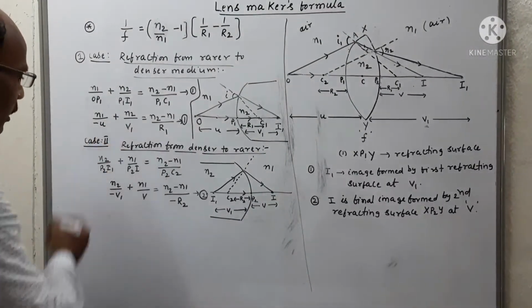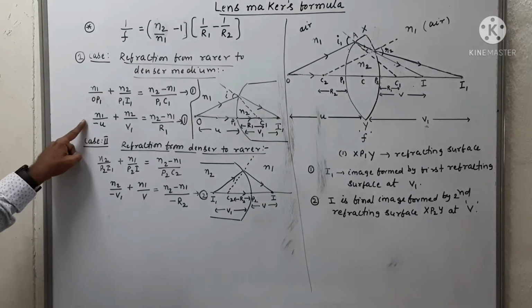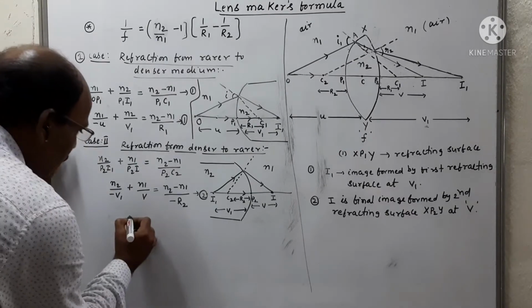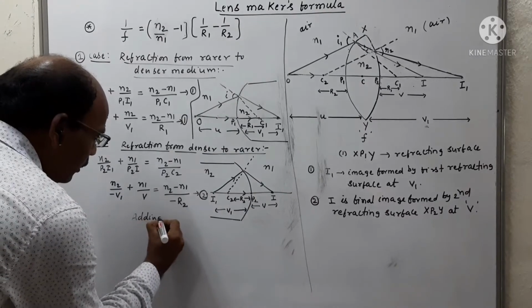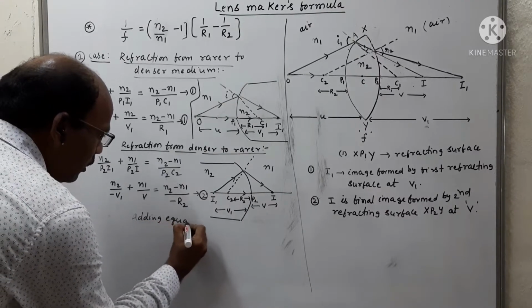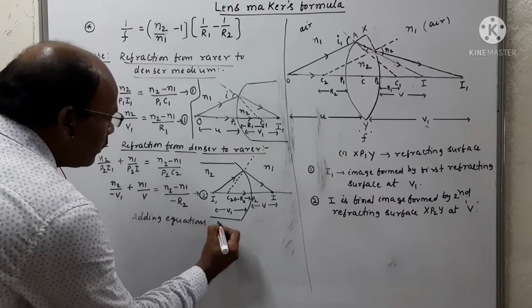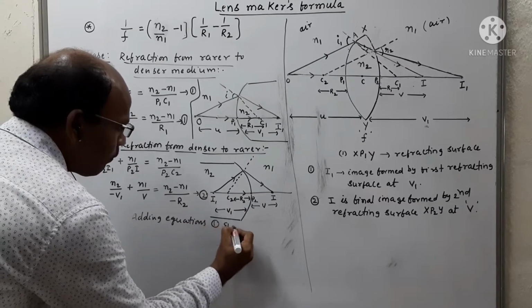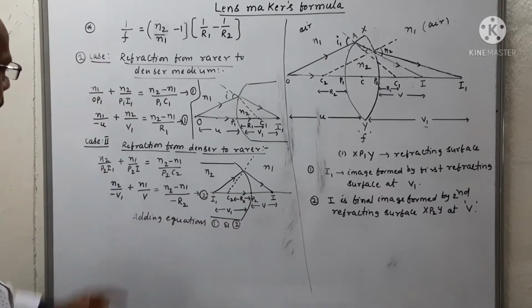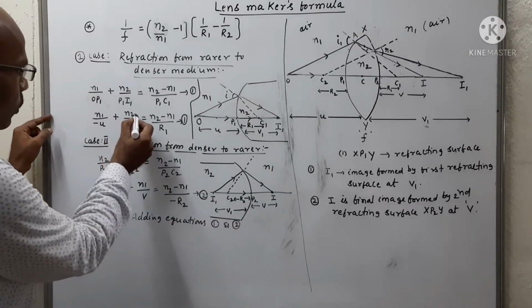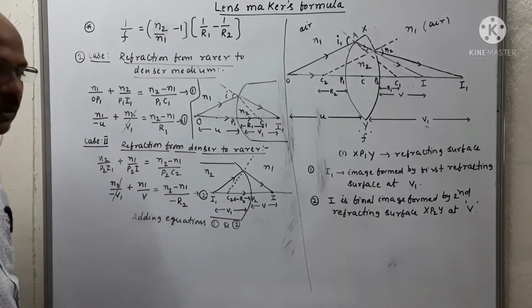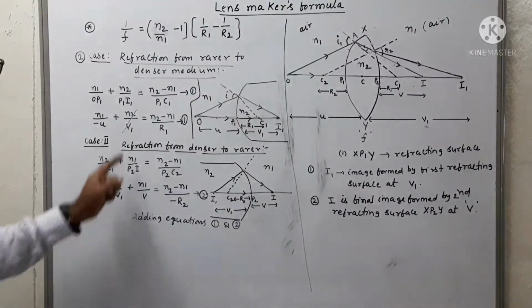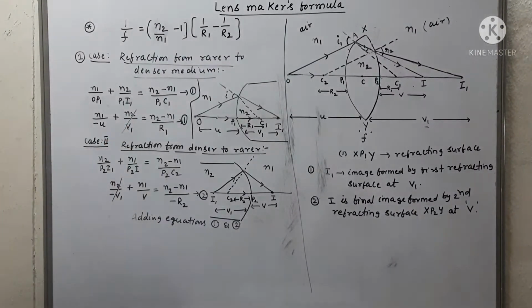Adding equations 1 and 2, N2 by V1 minus N2 by V1, these two terms cancel each other.